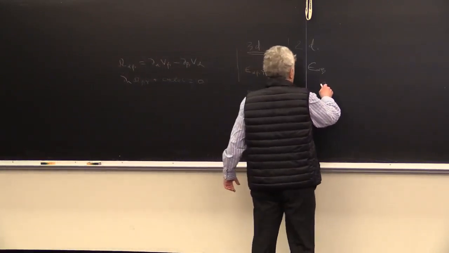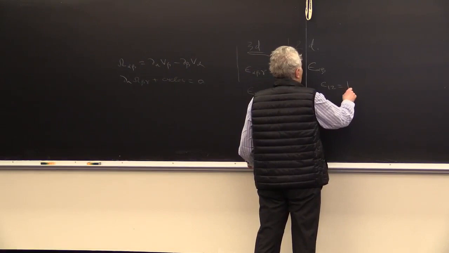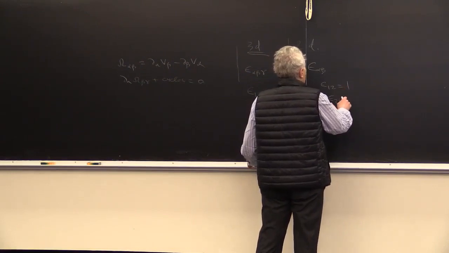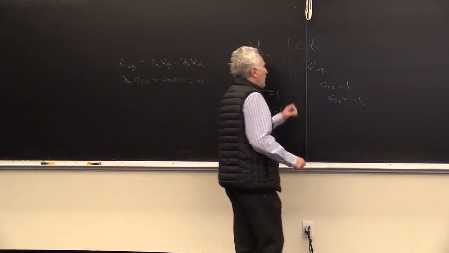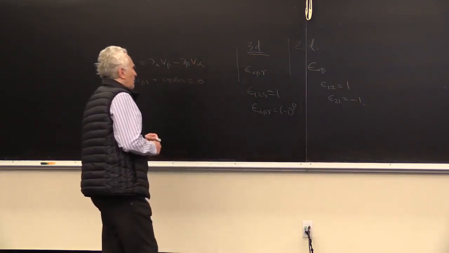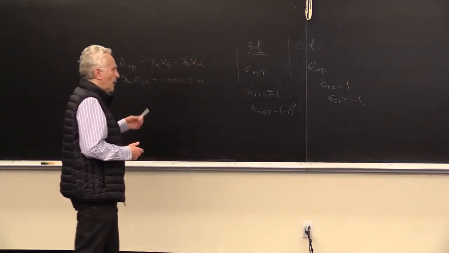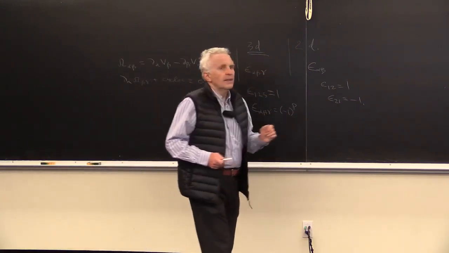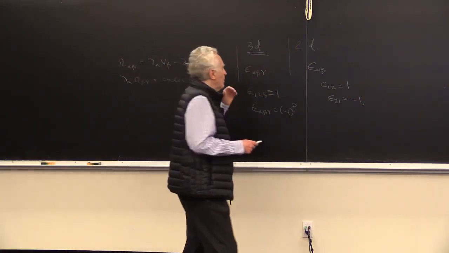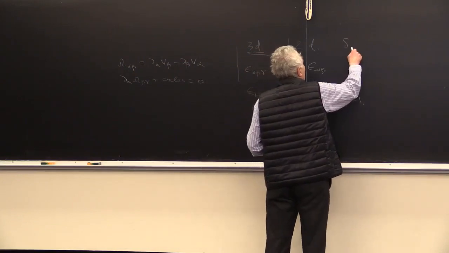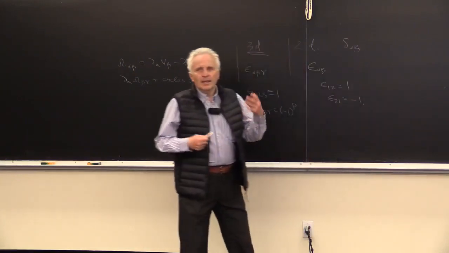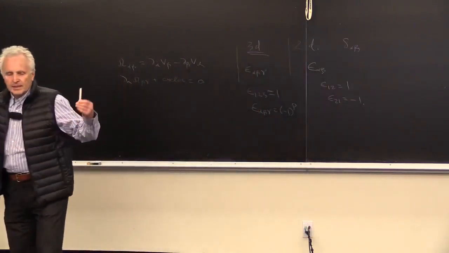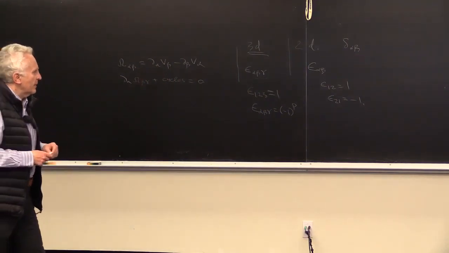-1 to the parity, to the number of transpositions you need to make to come to this. Epsilon alpha beta is even simpler. Epsilon 1, 2 is 1, epsilon 2, 1 is -1, and all other things are 0. What is remarkable is that we have two types of numerical tensors. We have delta alpha beta and epsilon alpha beta, the Kronecker tensor and the antisymmetric tensor.